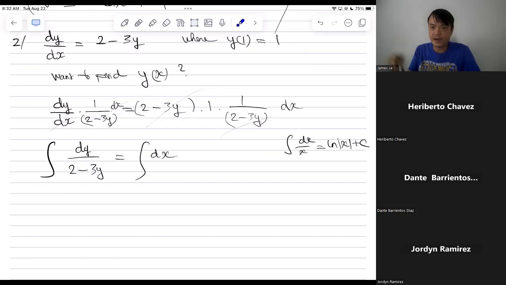So you have to divide by -3. So that one is just equal -1/3 ln of |2 - 3y|. The right hand side, the integral of dx is just x + c, right?